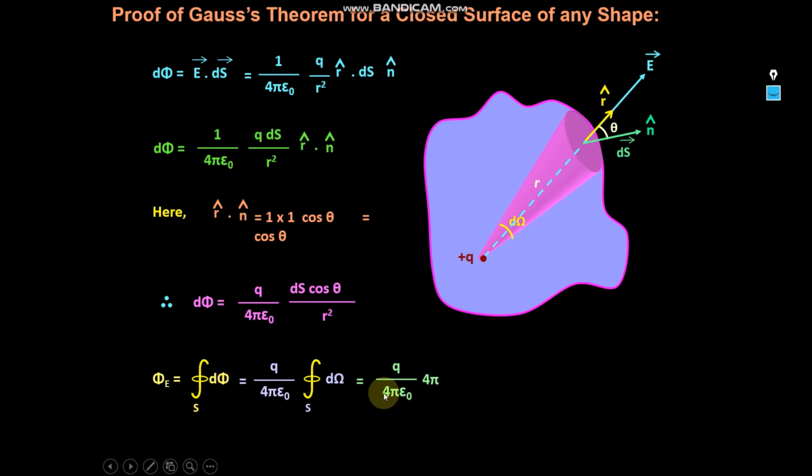Now 4 pi will cancel out, and you will get q by epsilon naught. So this is the proof of Gauss theorem for a closed surface of any shape.